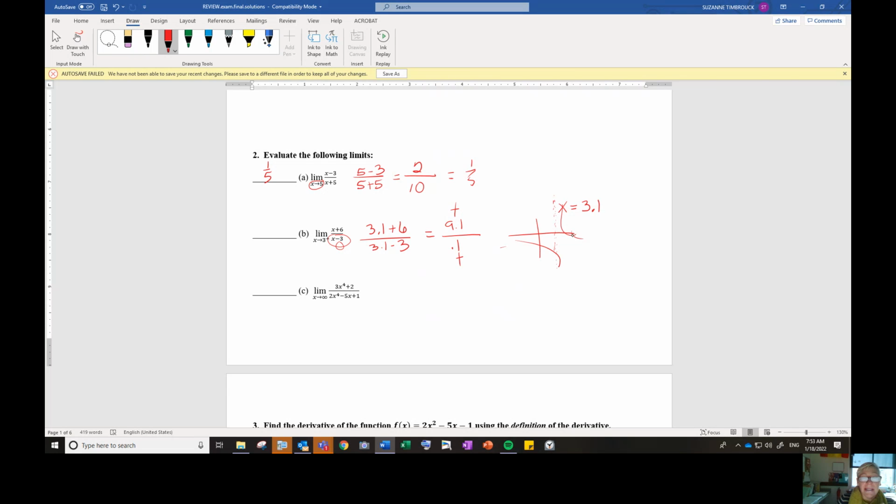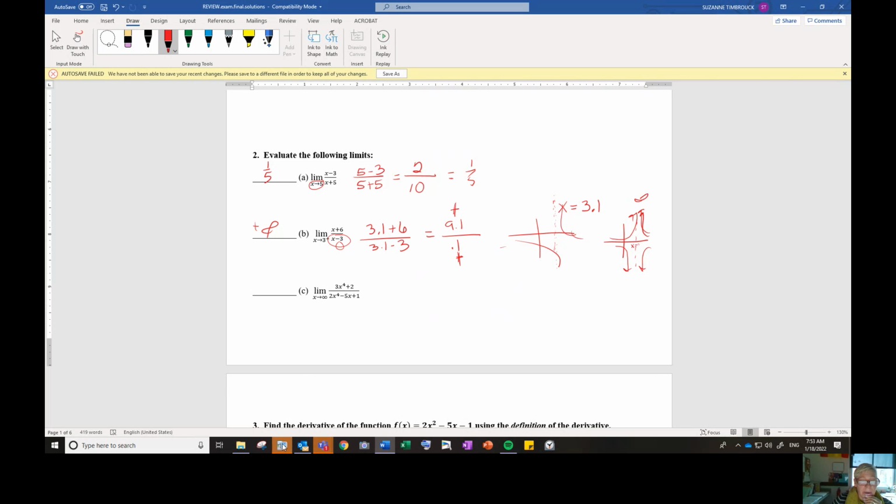You're just curious whether, at my 3, my values are going towards positive infinity or negative infinity. They could go one to positive and one to negative. So to the right of x equals 3, since I got a positive over a positive, I'm heading towards positive infinity.